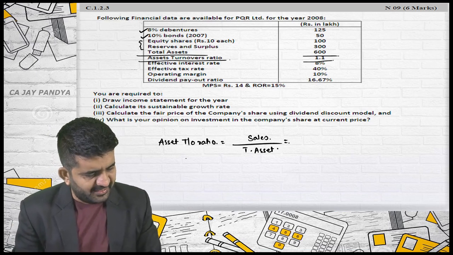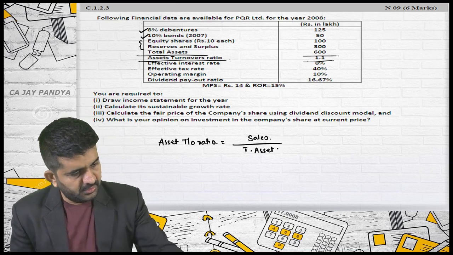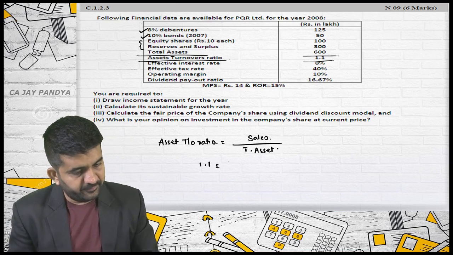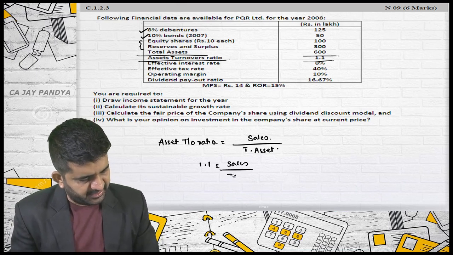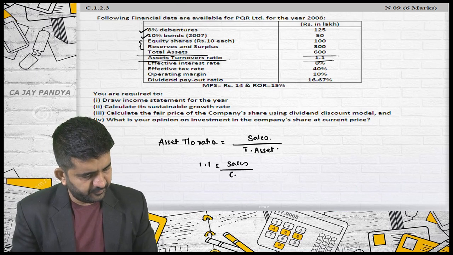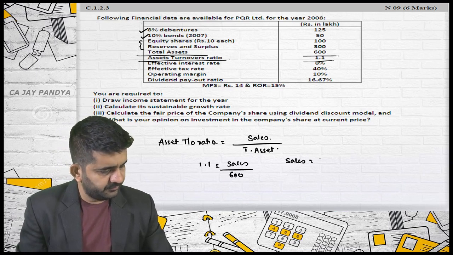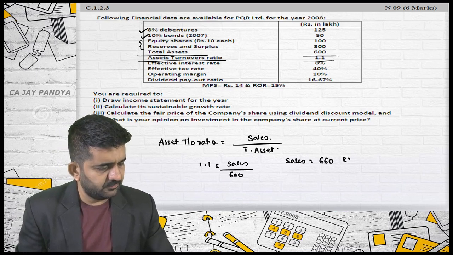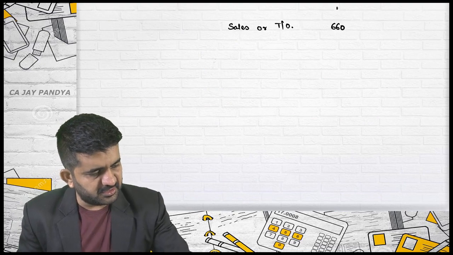So what will be sales if the asset turnover ratio is 1.1? Sales we need to find out. Total assets is given as 600. So sales will be 600 into 1.1. It is 660. So we have got our first answer, which is nothing but 660 rupees.